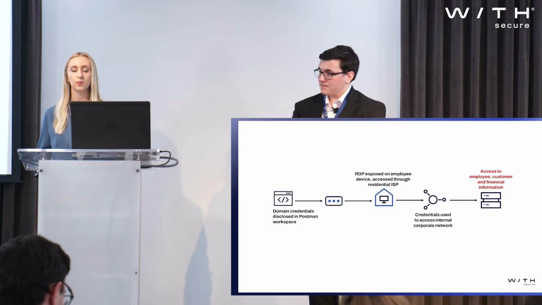His corporate workstation is exposed in RDP. His router is also misconfigured, meaning his RDP connection is exposed to the internet. As an attacker, I can now access Tom's domain credentials through Postman. I then see his RDP connection exposed to the internet, so I can then authenticate with these credentials through his RDP session. As a result, I then get access to Tom's organization's internal network.